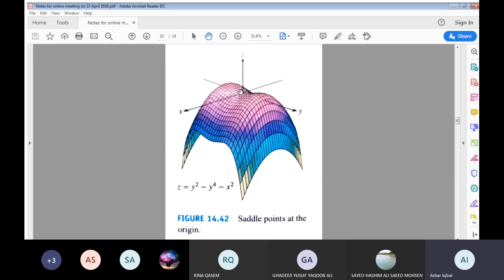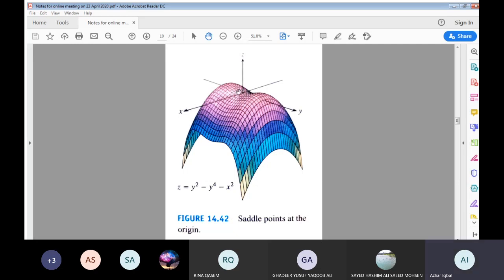If you are moving in the x-axis direction, the value of the function drops down, so it's going downwards. Whereas if you start from the same position at the origin and go along the y direction, the value of the function increases in both directions.